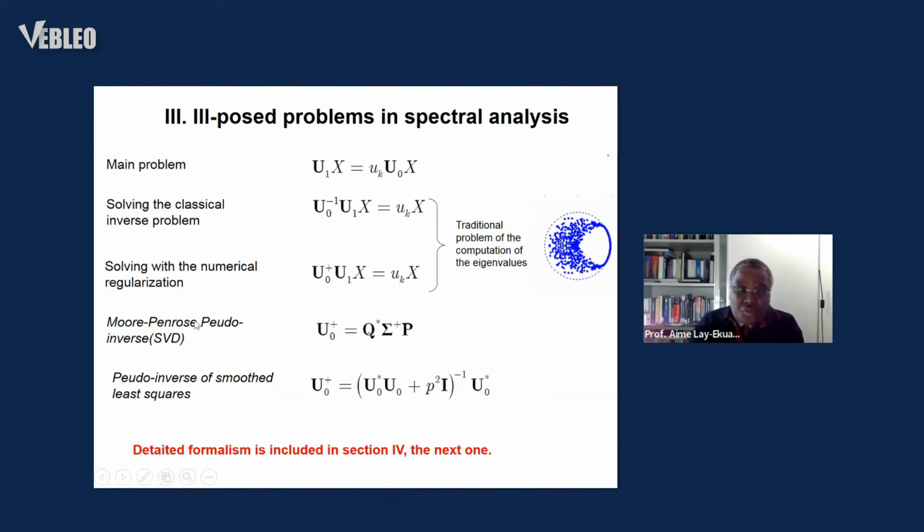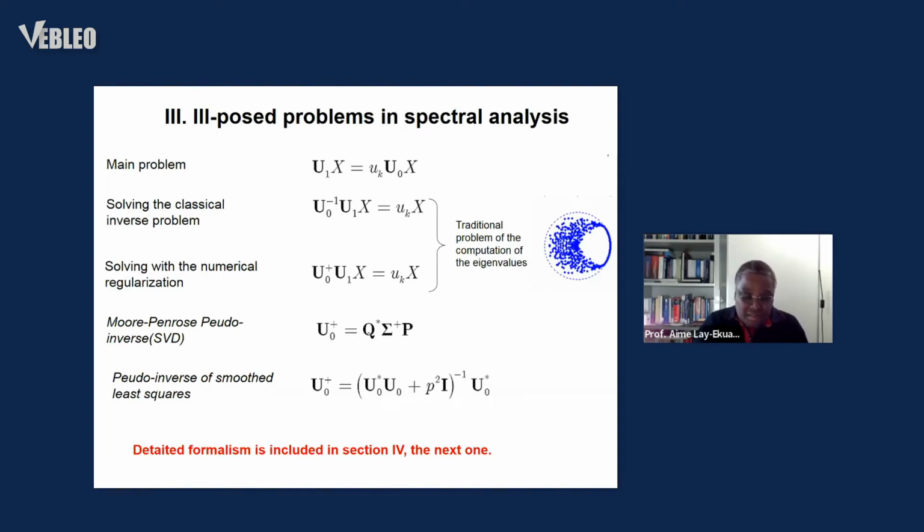So we have to use the singular value decomposition, also called Moore-Penrose pseudo inverse, and we can use another version called smoothed least squares. But generally, people working in this field use the Tikhonov algorithm for regularization.